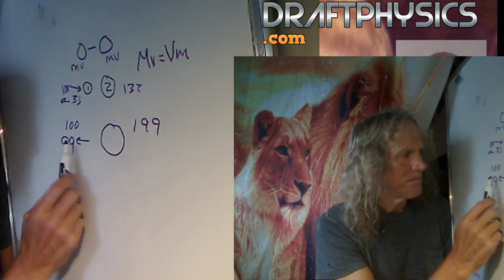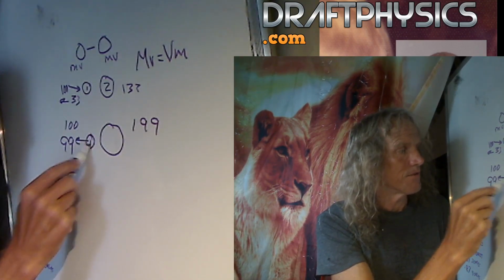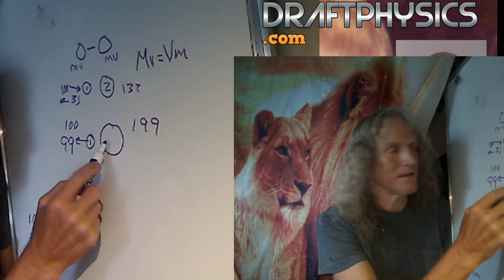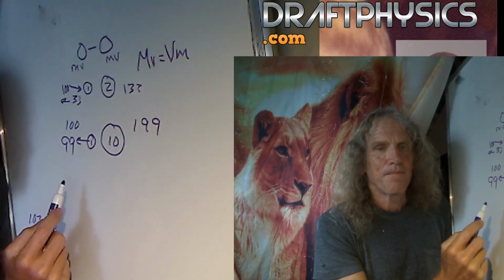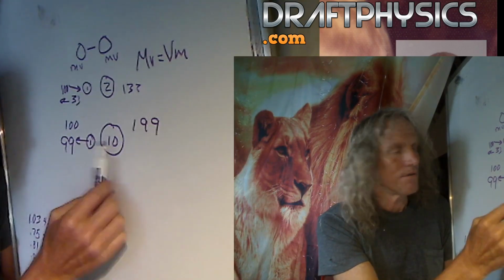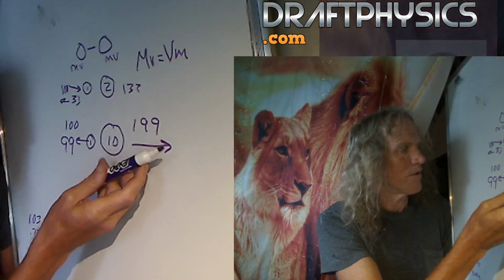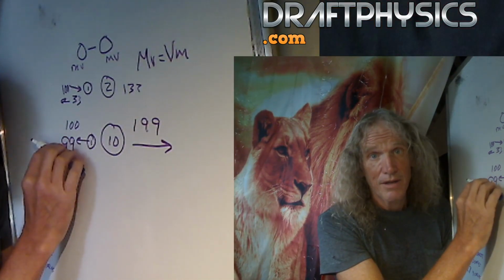So this is really the perfect free energy relationship. Have a 1 mass against maybe a 10 mass, and you'll get this incredible increase, a doubling essentially of your momentum. So I'll have 199 momentums going this way, and I'll have 99 going that way.